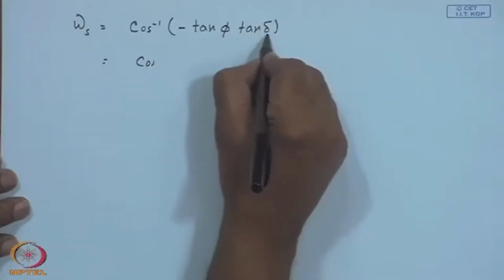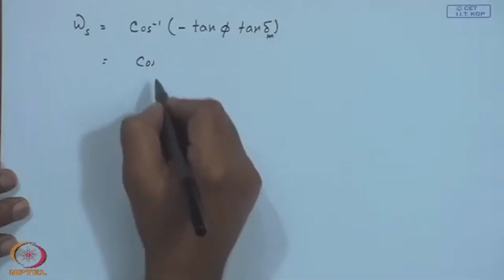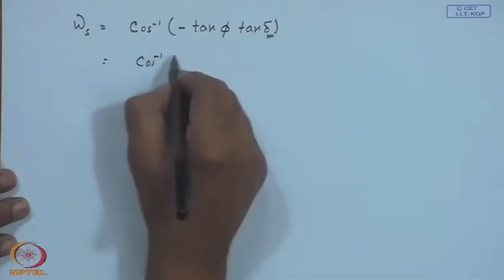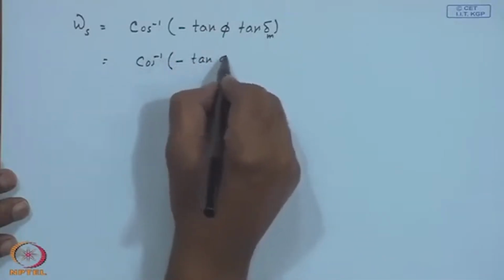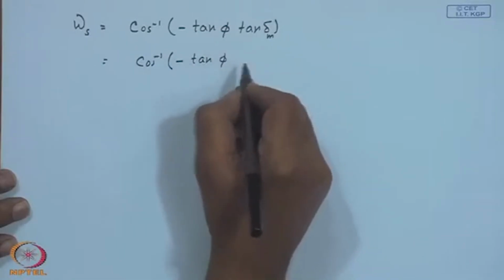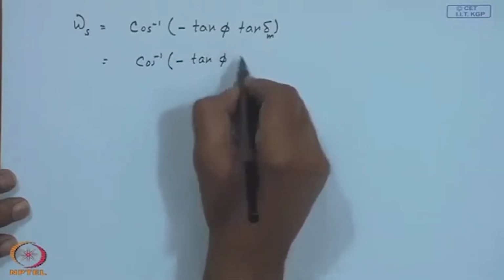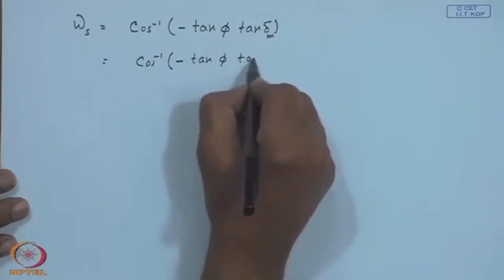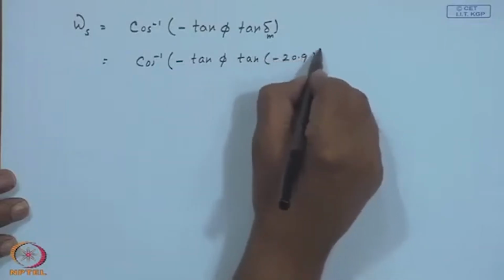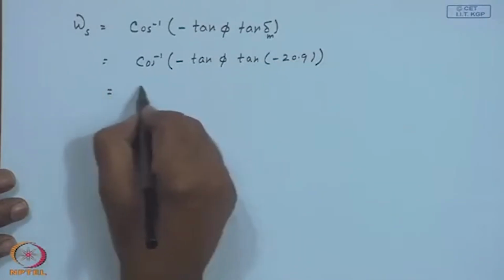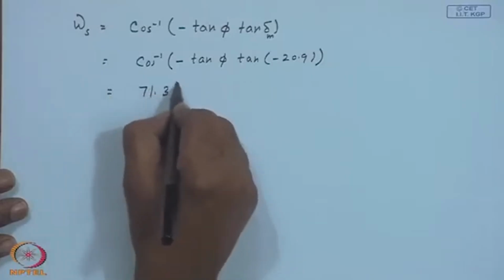Do not worry about this delta and delta m, we are making only a mean day calculation. So, even if you forget the subscript, it means it is a single number in this problem. This comes out to be 71.3 degrees.